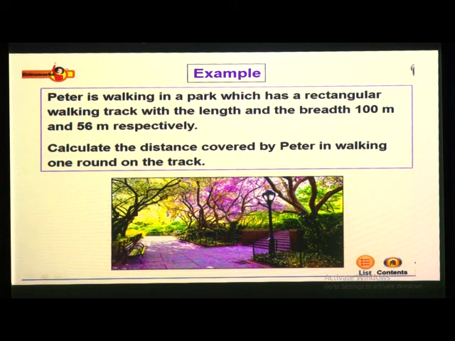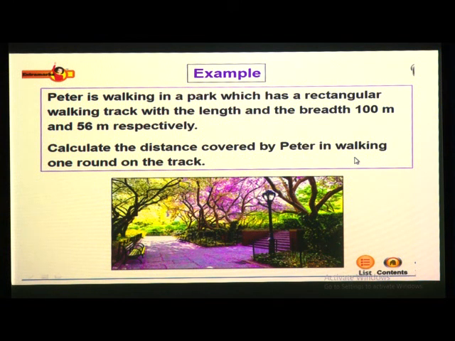See here. Peter is walking in a park which has a rectangular walking track with the length and the breadth 100 meter and 56 meter respectively. The length is 100 meter and the breadth is 56 meter. Now, we have to calculate the distance covered by Peter in walking 1 round on the track.